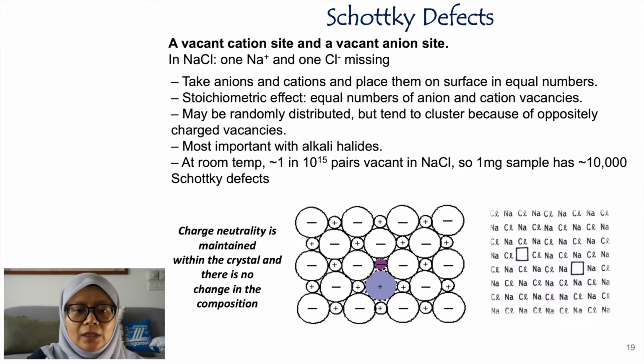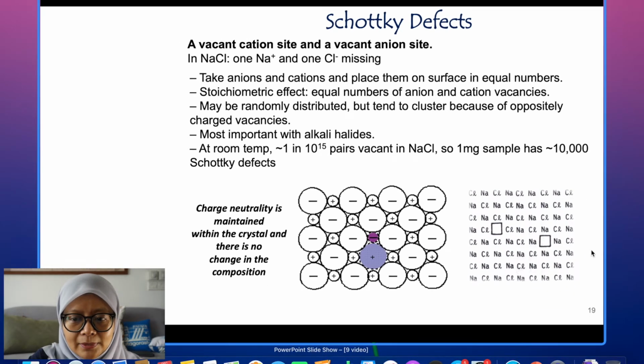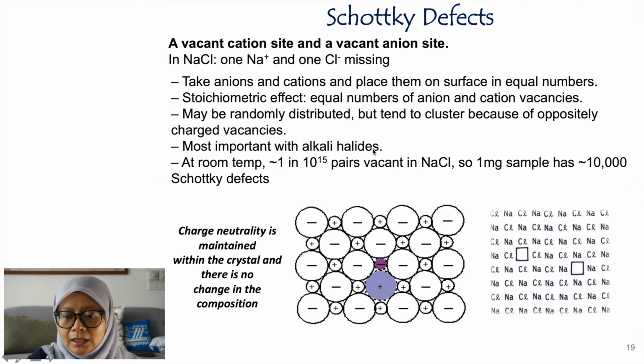In this example, this is an arrangement of sodium chloride, where one sodium and one chloride are missing. You need to make sure there is a balanced number of missing cations and anions.